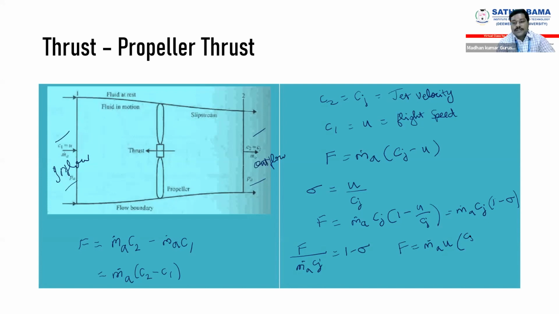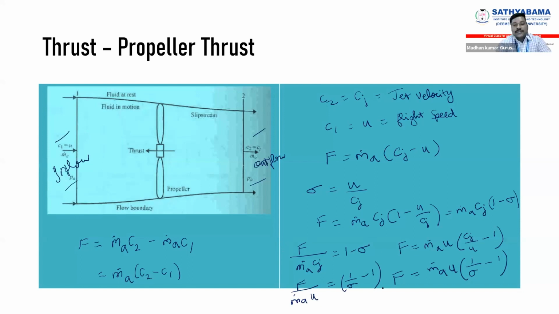So we get Cj by u minus 1, which is m dot a u times 1 by sigma minus 1. And then we can write the thrust equation in non-dimensional form as F divided by m dot a into u is equal to 1 by sigma minus 1, right?